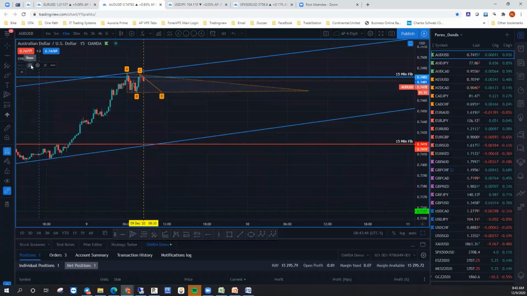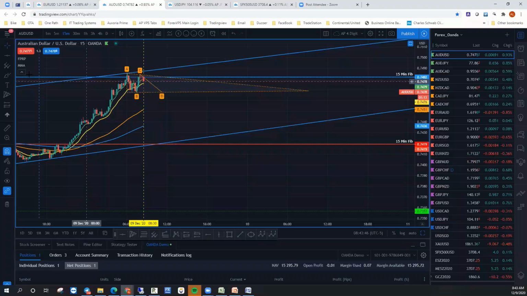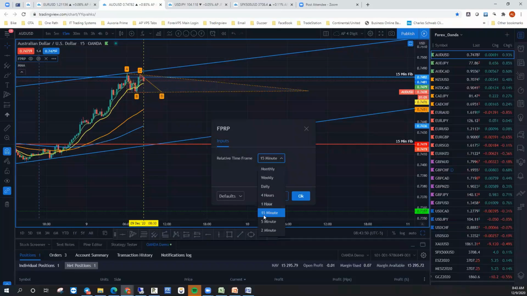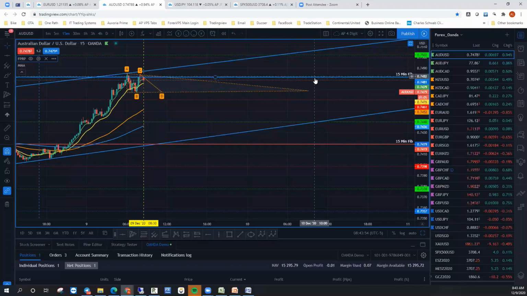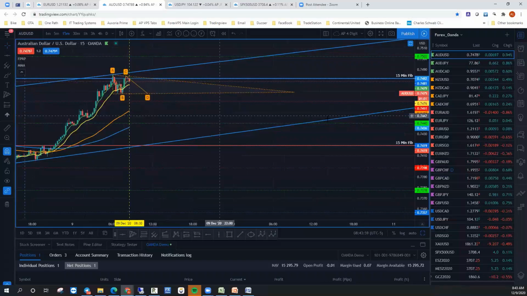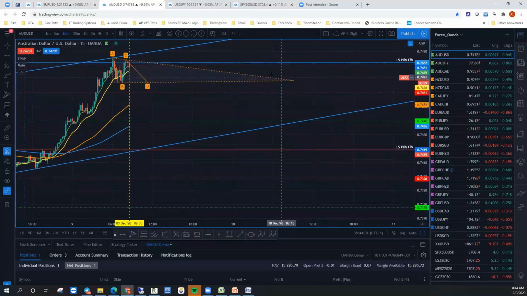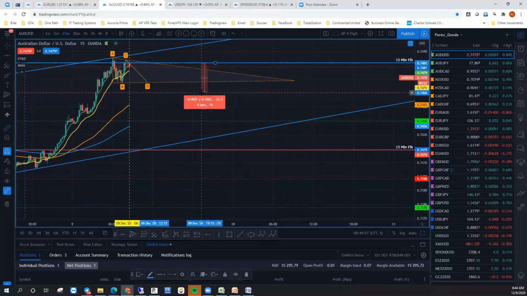Let's check our other Fibonacci zones. Put the 5 minutes on. Here's our blue, here's our red, here's our green. I believe there are 21 pips from the blue to the red.